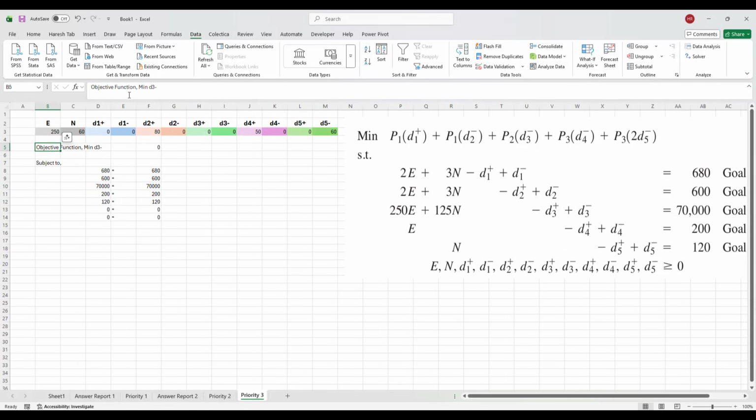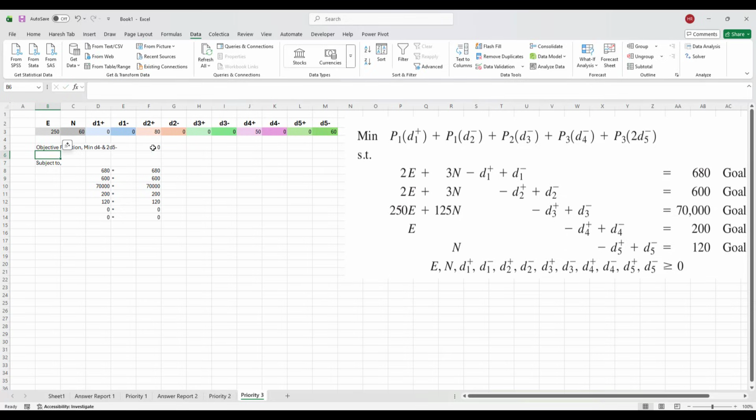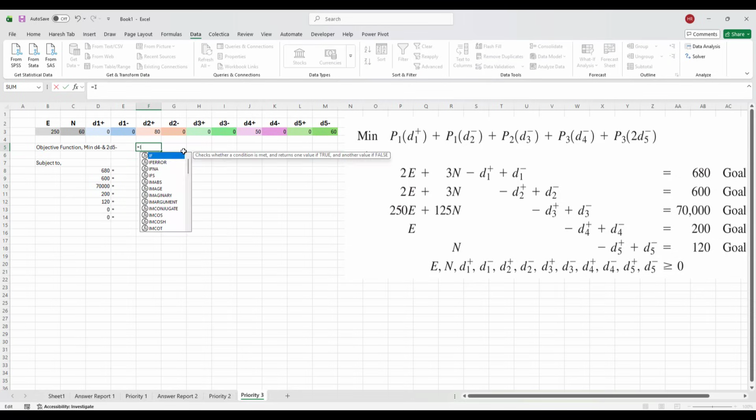So my objective function is minimize D4 minus and 2 times D5 minus, right? So this is how I am going to write my equation, equal to D4 minus plus into bracket 2 times D5 minus, right?